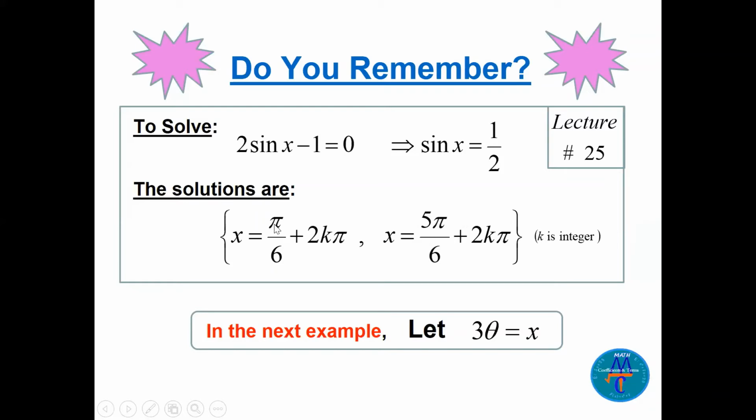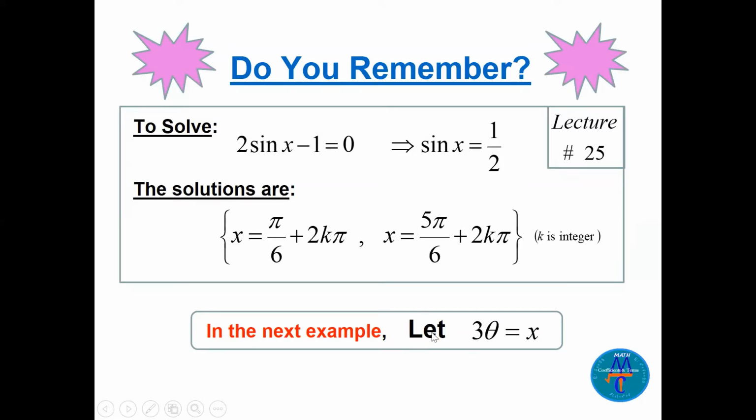So we write the general solution, pi over 6 plus 2k pi for this simple equation. And then x will be 5 pi over 6. From where do we get this one? This is the reference, pi over 6. So it will be pi minus pi over 6, which will be 5 pi over 6 plus 2k pi. You can review, please, if you want, lecture 25.